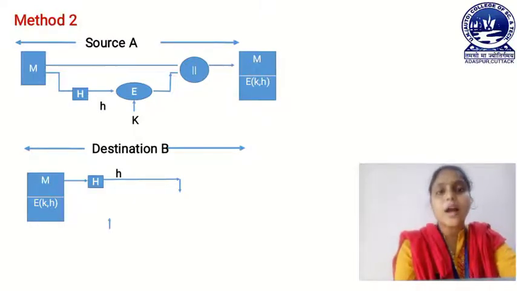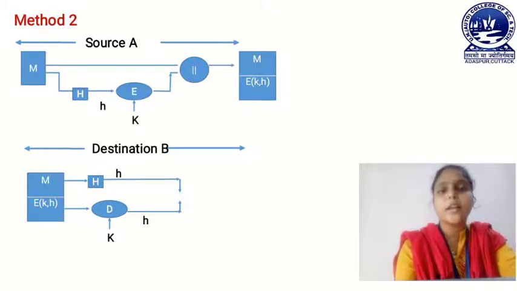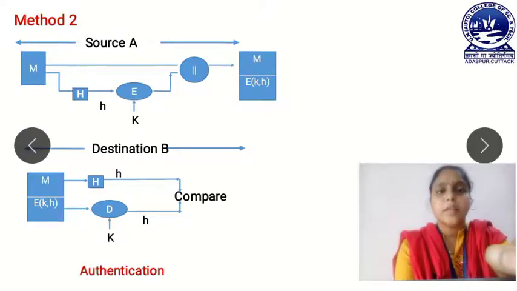After calculating the hash value, the destination B takes the encrypted hash value and uses some decryption algorithm and the same key, that is K, to decrypt the hash value and get the original hash value. After decrypting the hash value, the destination B compares both hash values. That means here the destination B compares the generated hash value with the appended hash value.